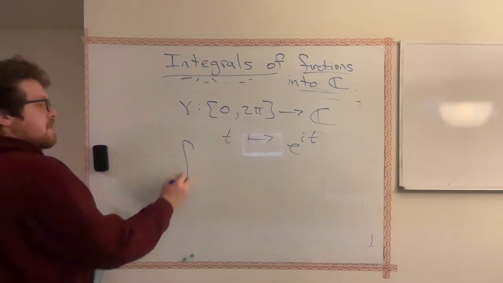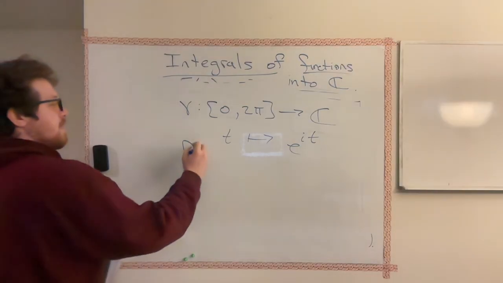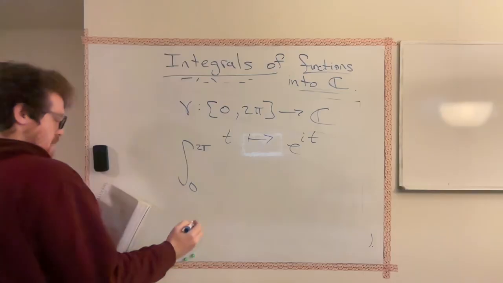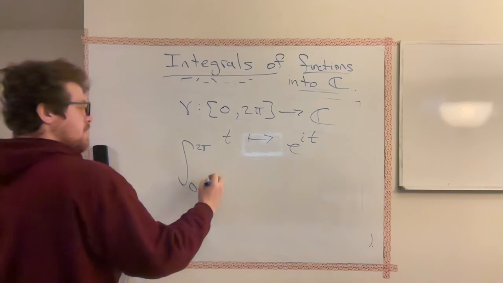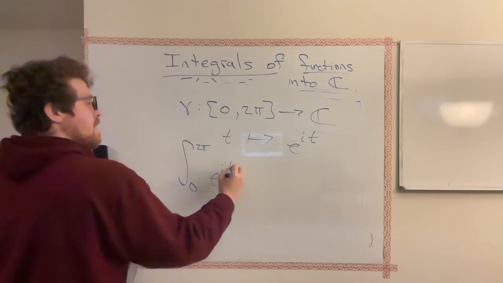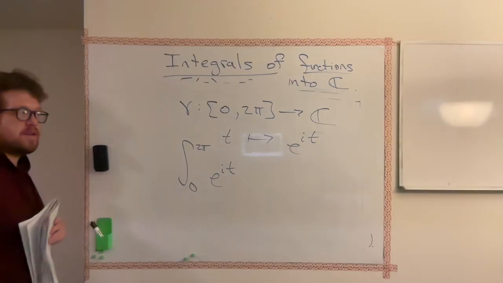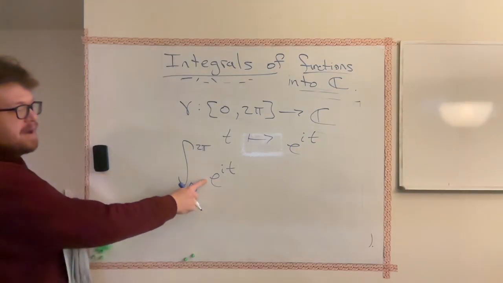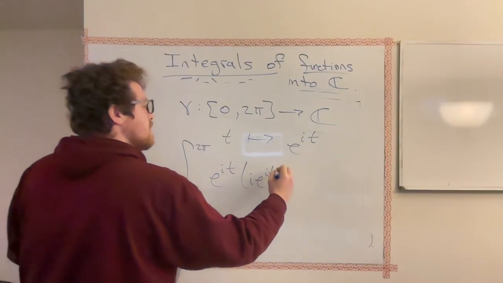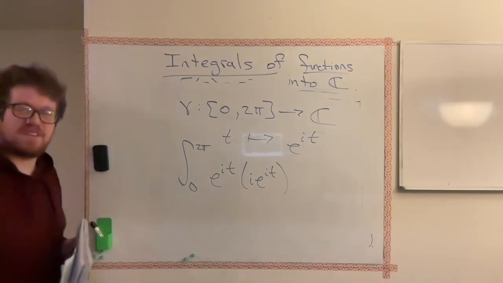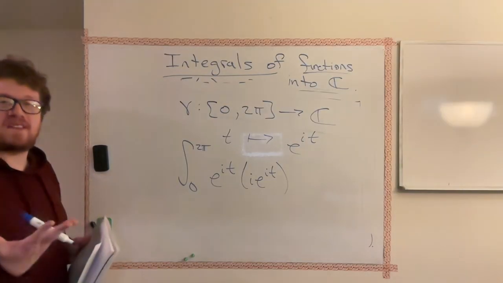Okay, so we have an integral from 0 to 2 pi of the function z, which we've now parameterized as e to the it. And then I need to multiply by the derivative of that. So this is i e to the it, assuming that the derivative rules all work the way that we would expect them to, but they do.